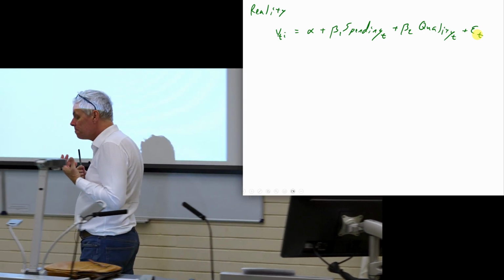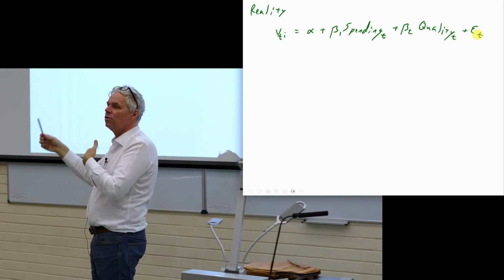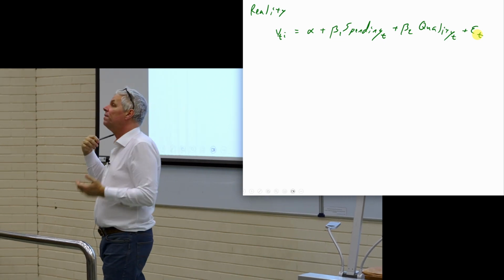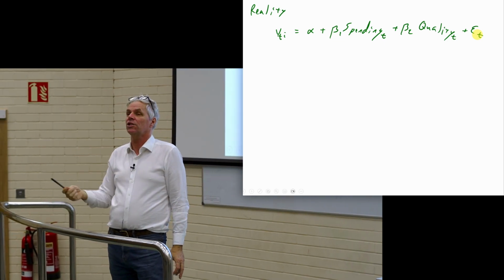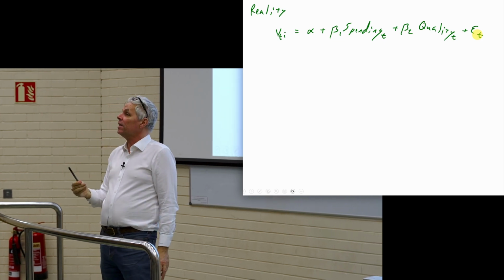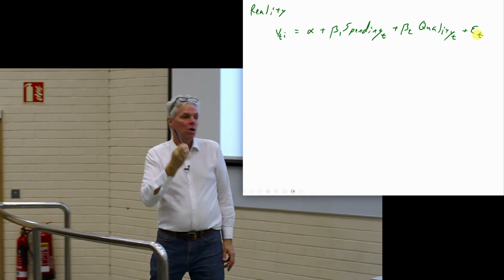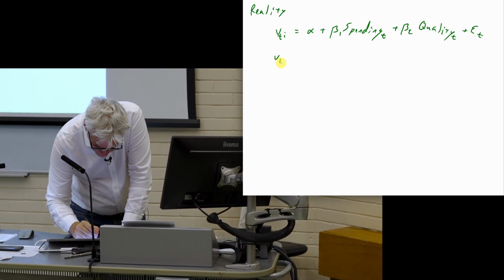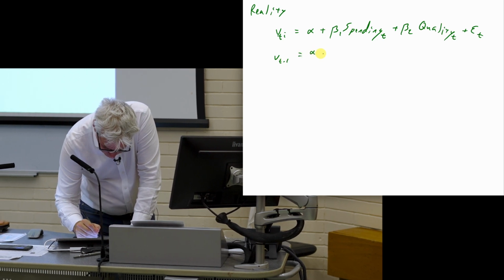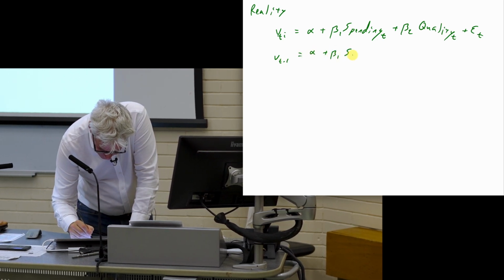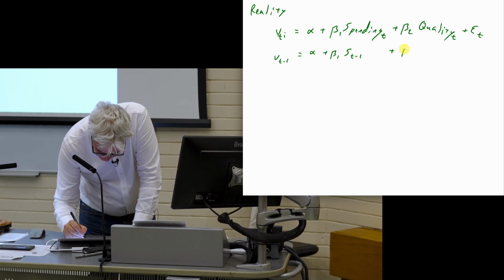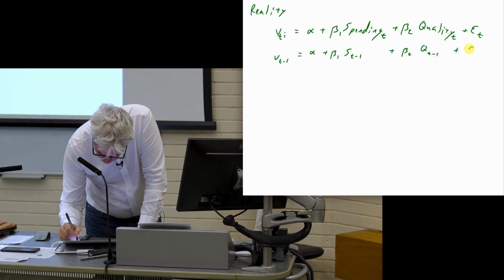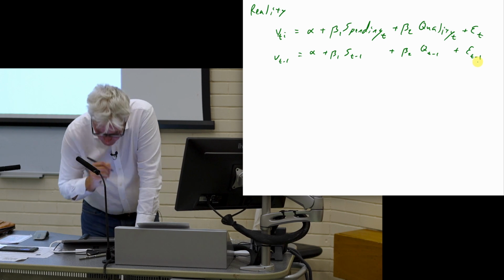If these are just two random guys, there's nothing we can do about that quality thing. But if these two guys also ran against each other in 1978, then there's something we can do. We can write the equation for 1978. If this is reality, V_{t-1} is equal to alpha plus beta 1 spending in t-1 plus beta 2 quality in t-1 plus whatever the random shock was in t-1.